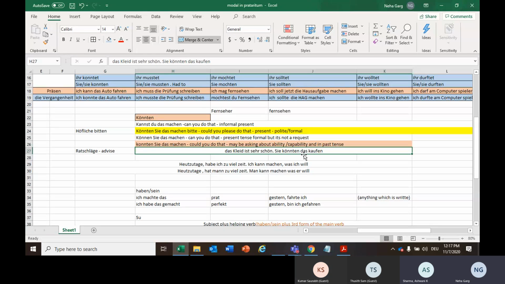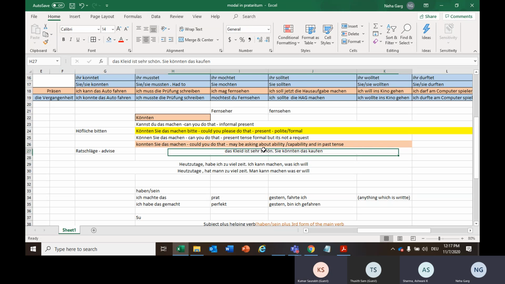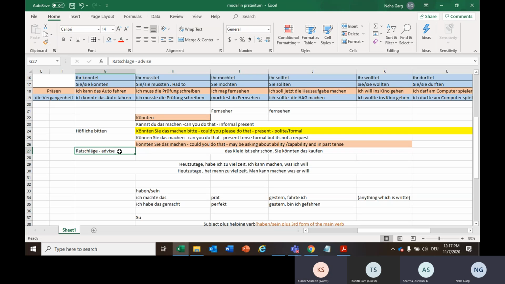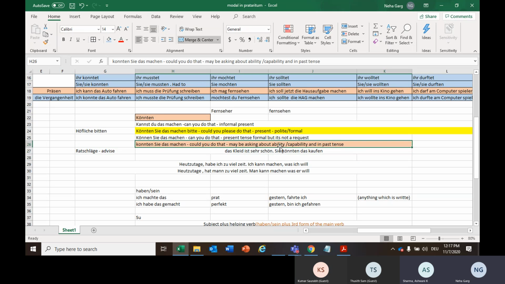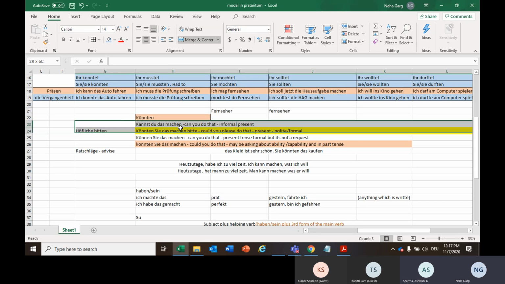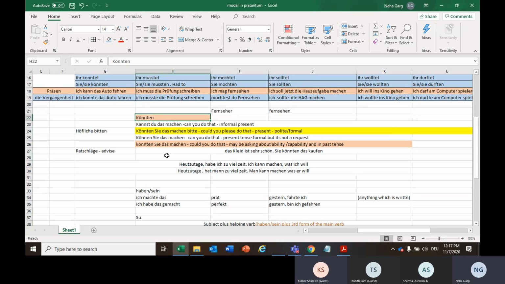If we had used Konnten here, that would mean you are saying something in past tense. But here it is present tense, with Ratschläge. So polite plus Ratschläge, again Könnten. Is it clear? Yeah. Okay, so you can note down this particular sentence list also for Können, Konnten, and Könnten.